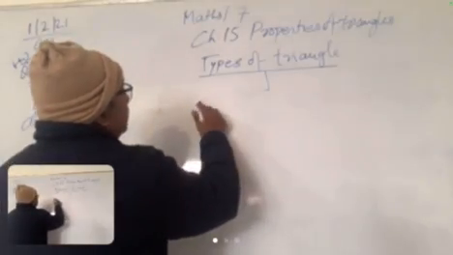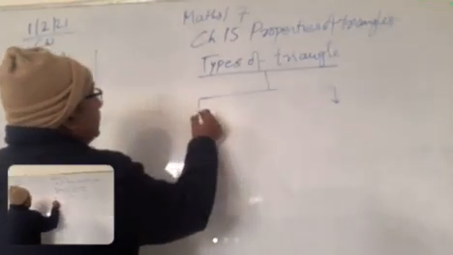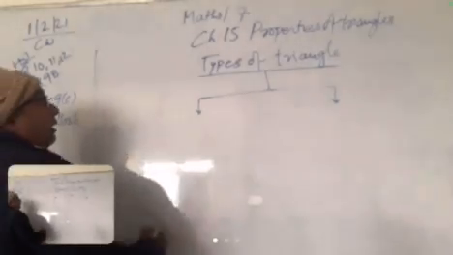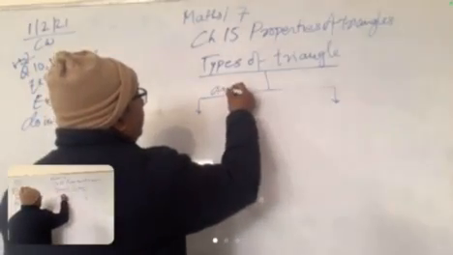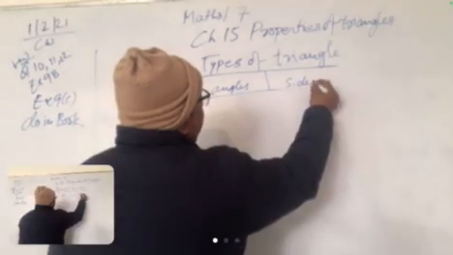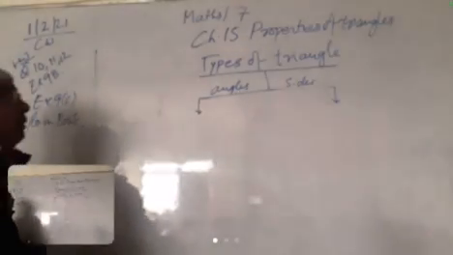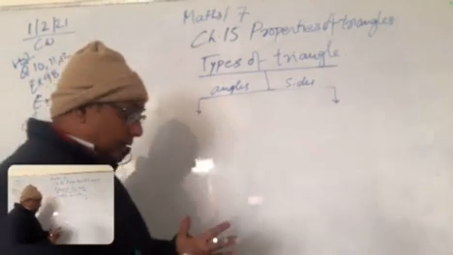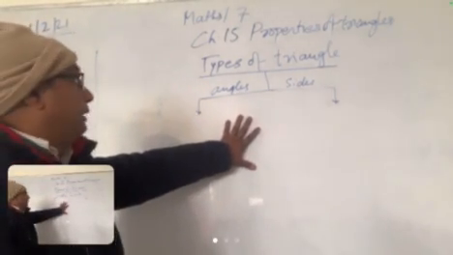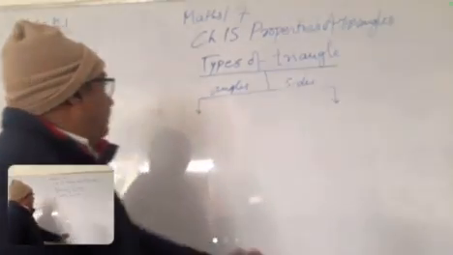First is angle based, and second is side based. Types of triangles means a triangle can be classified on two bases: one is the angle and second is the side.